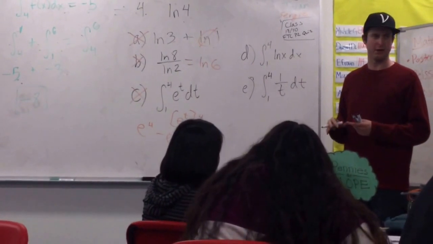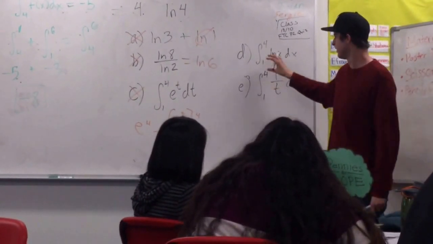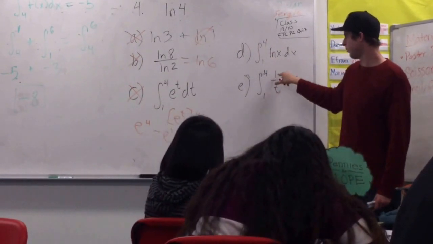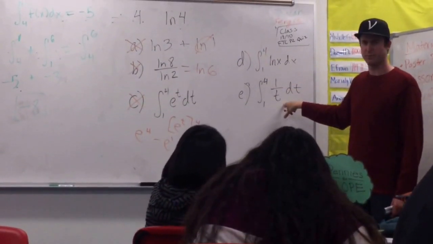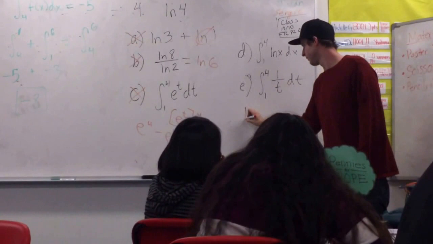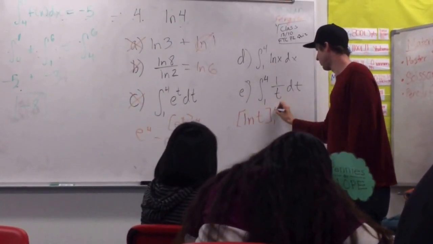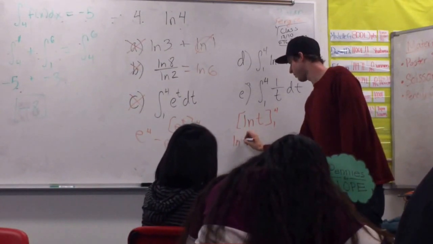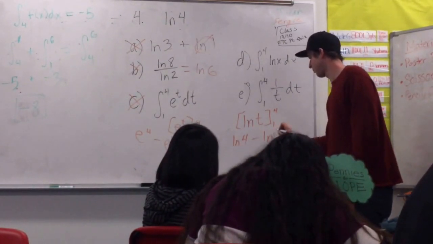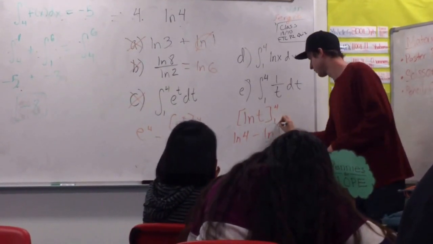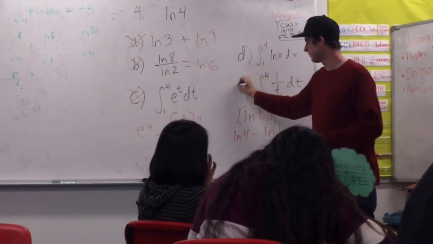I'm not going to cancel it out if we don't know for sure, but I'm just going to say we don't think it's this one. And then what's the integral of 1 over t? ln. So this is ln of t from 1 to 4, which is the ln of 4 minus the ln of 1. And we said earlier the ln of 1 is 0, so it's just ln of 4.